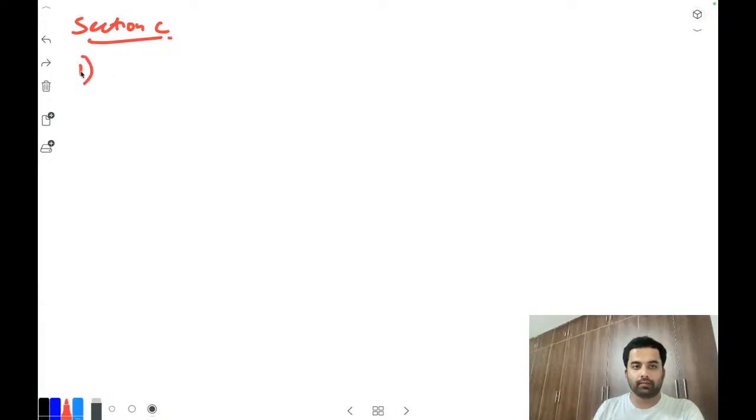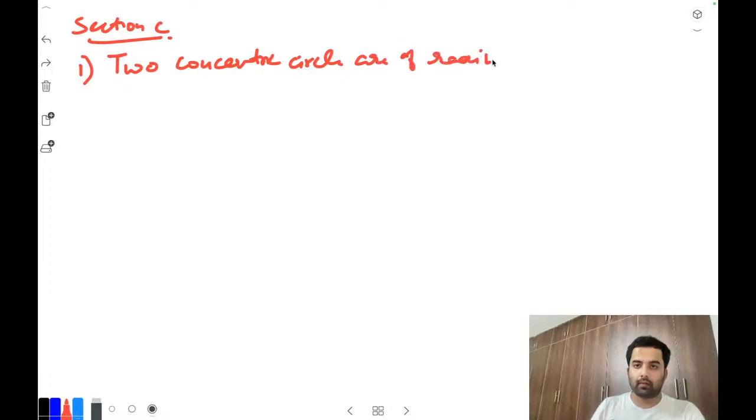Question number 1. First one, let me give a very easy one, which you did already. Two concentric circles are of radius 5 centimeter and 3 centimeter.